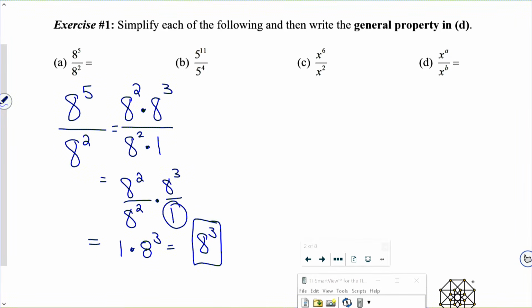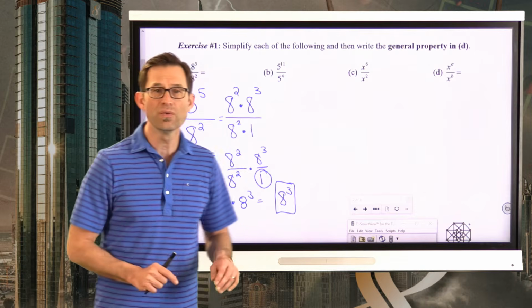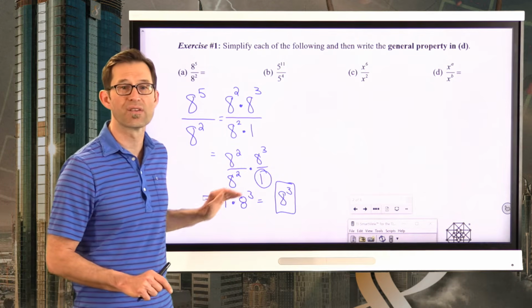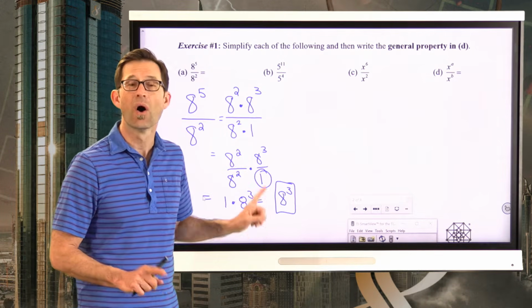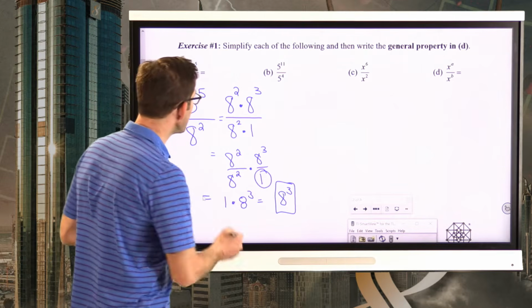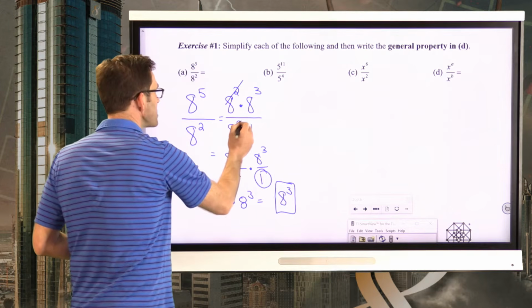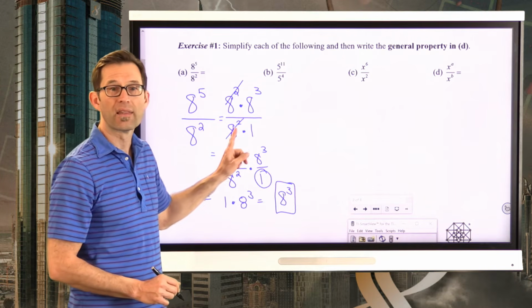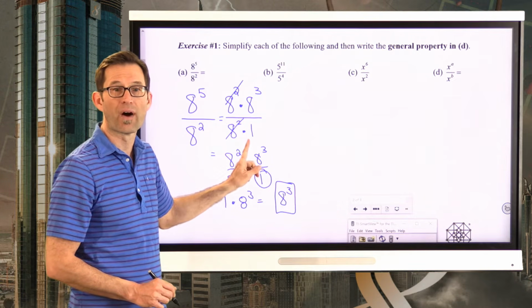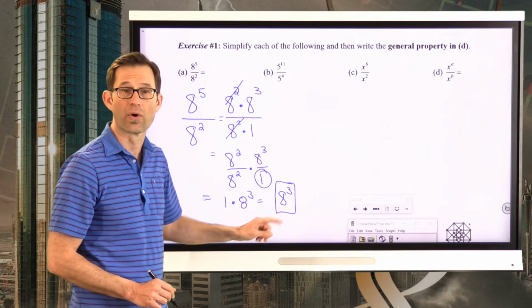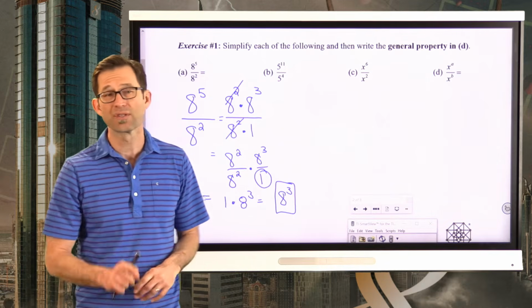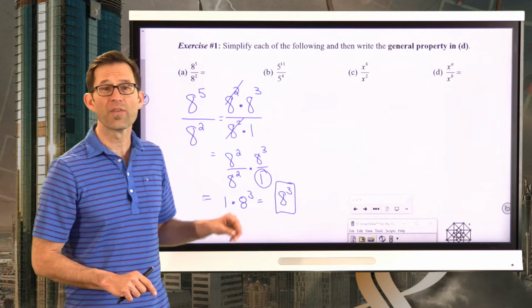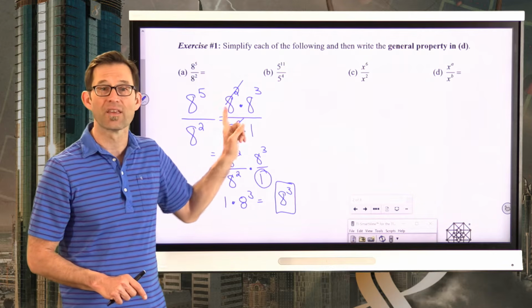Now, oftentimes, students will shortcut this by looking at this and going, 8 to the 2nd divided by 8 to the 2nd is equal to 1. And that leaves me just with 8 to the 3rd divided by 1, which is 8 to the 3rd. Some math teachers and a lot of students will refer to this as canceling the 8 to the 2nds.